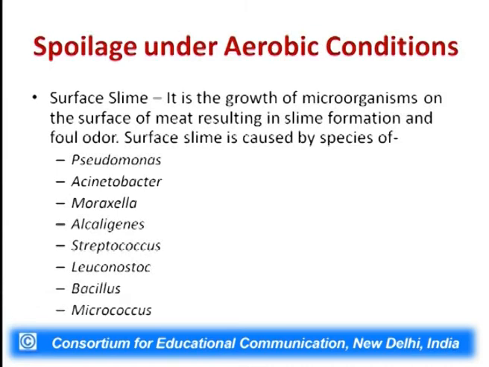Coming to spoilage under aerobic conditions, surface slime is one of the most important spoilages of meat. It is the growth of microorganisms on the surface of meat resulting in slime formation and foul odor.